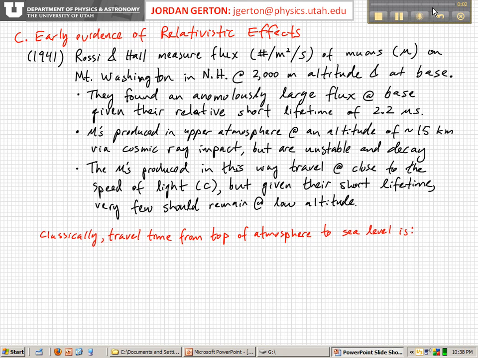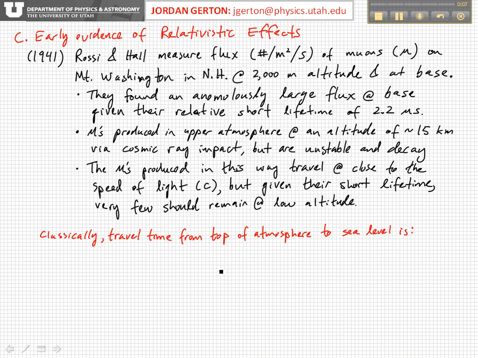Okay, classically, if we wanted to calculate how long it would take for a particular muon to get from the upper atmosphere where it was produced to sea level, the Earth's surface where it would be detected, then that travel time, delta t, remember this is just a classical calculation, no relativity, is just the distance traveled, which is 15 kilometers, divided by the speed, which is again very close to the speed of light.